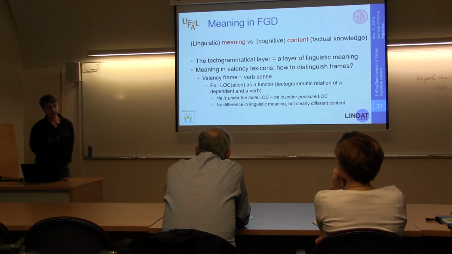It has strict borders between the linguistic meaning and content, and it says that the linguistic meaning is the thing that should be annotated, but the content, the factual knowledge, shouldn't be annotated in the Prague Dependency Treebanks, and it doesn't belong to the language description.